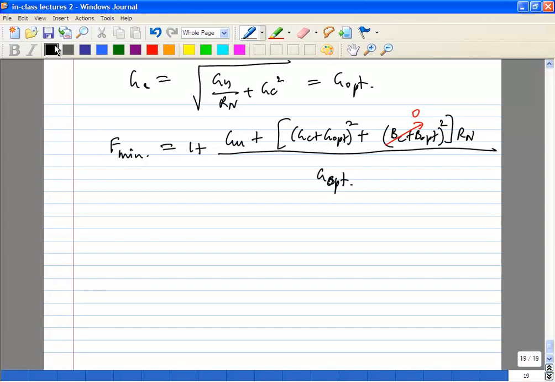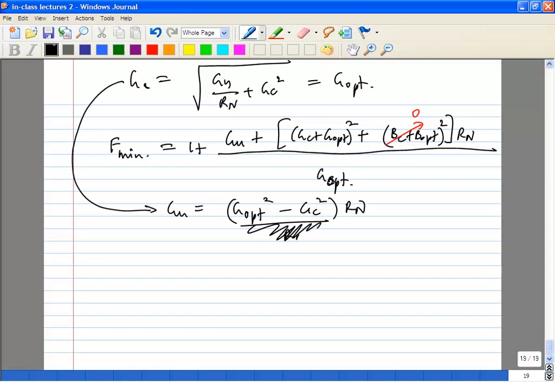Let's also plug in one more condition, which is for Gu. So we know that Gu is from this, right? What is Gu? It's G opt squared minus Gc squared, times Rn. So we know this. You'll find that you can come up with a very simple form for this. You can plug that back in there.